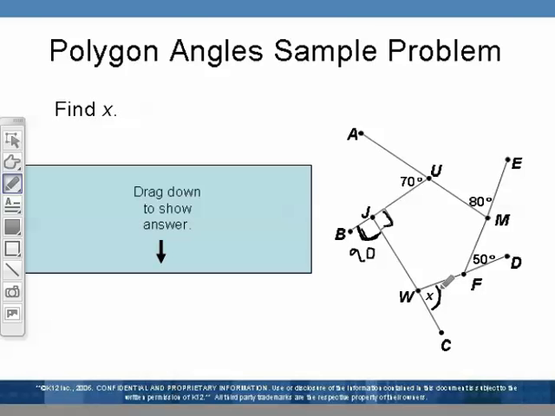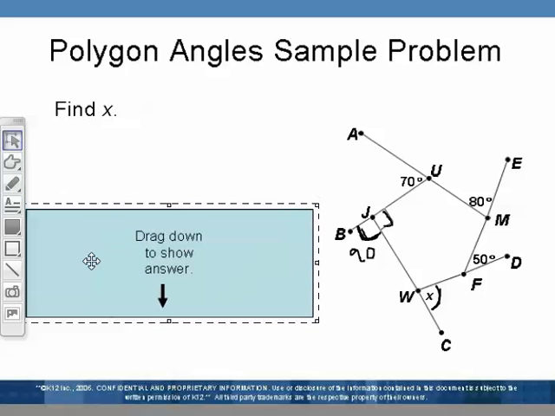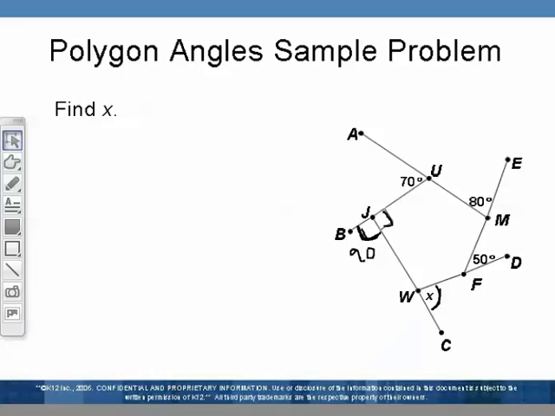Well, I know all the angles add up to 360 because these are exterior angles. So I'm going to add up 70 plus 80 plus... I was supposed to have found an answer underneath there. That's nice that there wasn't an answer underneath there. Let's try that again. So I'm going to add up 70 plus 80 plus 50 plus x plus 90.